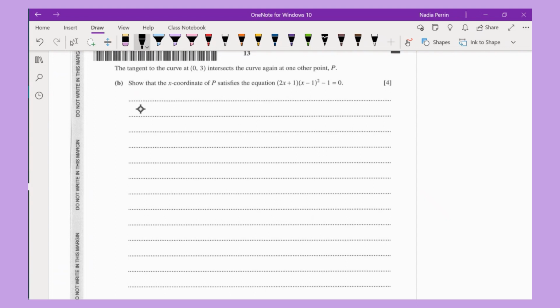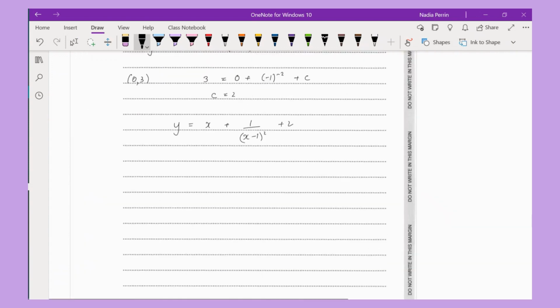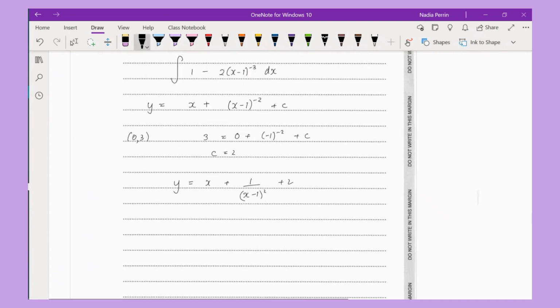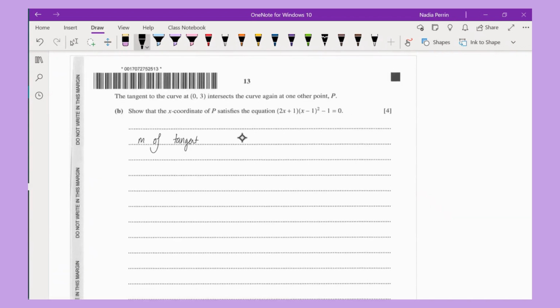So to find the gradient of the tangent, m of tangent, we can replace x in our original equation here with 0. So it's going to be 1 minus 2 over 0 minus 1 cubed, and that worked out to be 3.